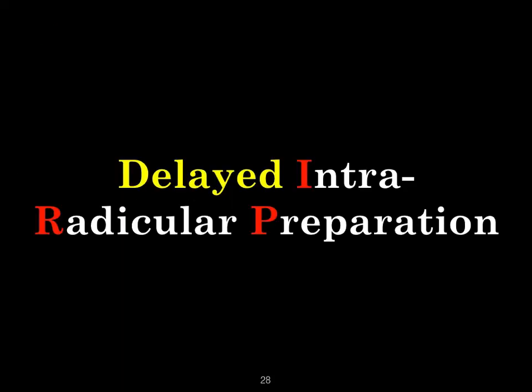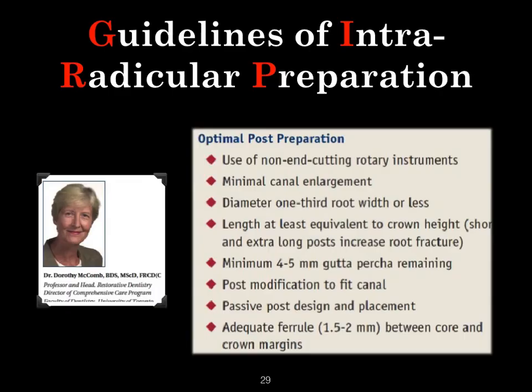Now we will go to the delayed intraradicular preparation, which is the most common because whoever does the endo is usually separate from the one who does the prosth part, and usually there is no fixed prosthetic treatment plan that makes the endodontist prepare the post space after doing the root canal treatment, either because they are in different practices or because the patient did not yet choose a prosthodontist to restore this tooth.